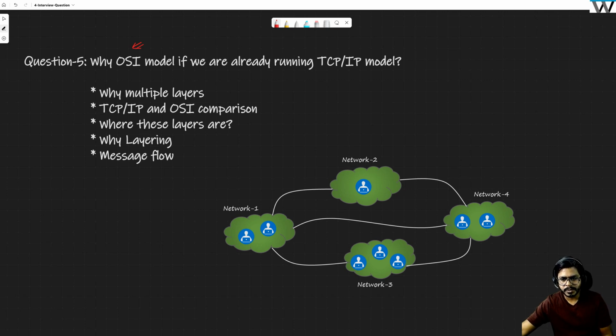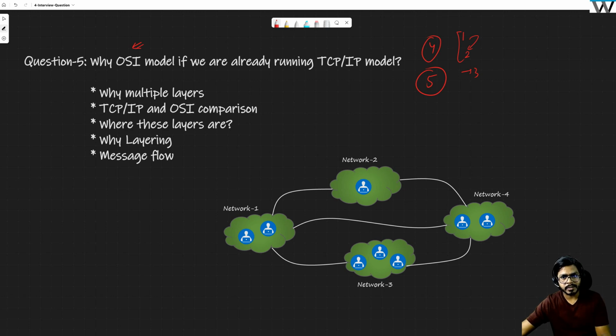One thing I would like to make sure of here is that we have already discussed 4 questions, and we are now into question number 5. Believe me, all these questions are interrelated, which means if you understand one, then only you can understand two. If you understand one and two, then you can understand three, and so on.